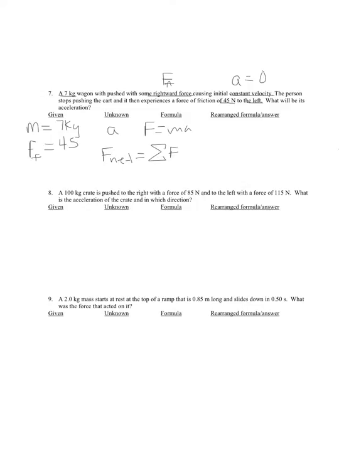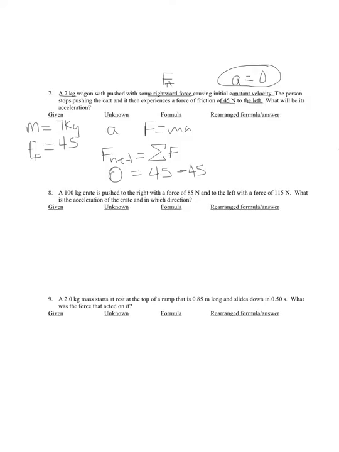I'm also given another piece of information. I know that at one point in time my acceleration was 0, which means that I had a net force of 0, meaning that if I have a frictional force of 45, then I must have an opposing force of 45 so that my net force is 0.